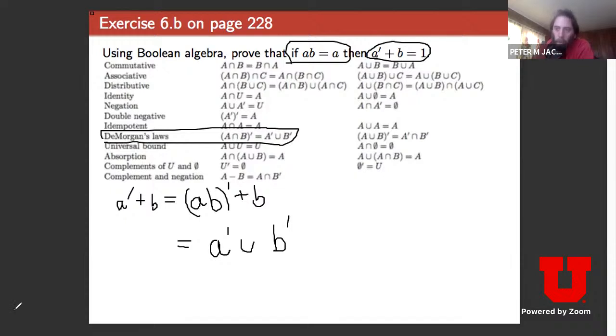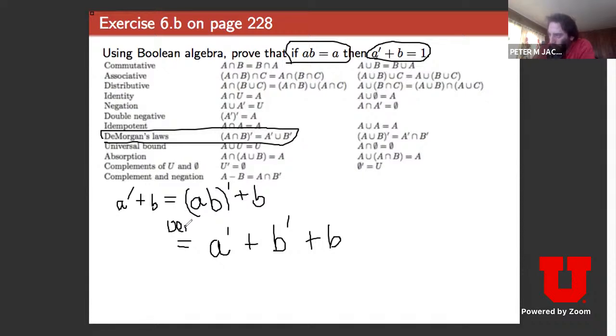In Boolean algebra, the union becomes a plus. So it's easy to get confused. So let me erase that. So that's A prime plus B prime, plus B.